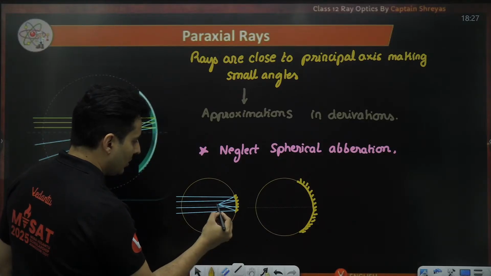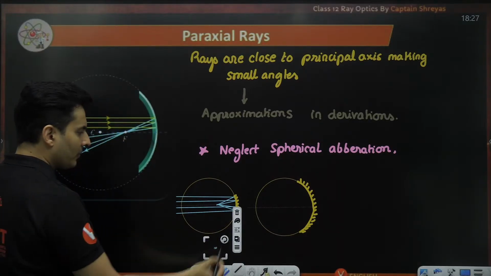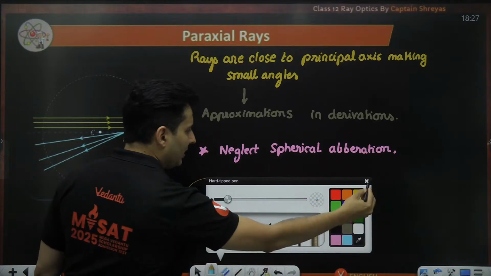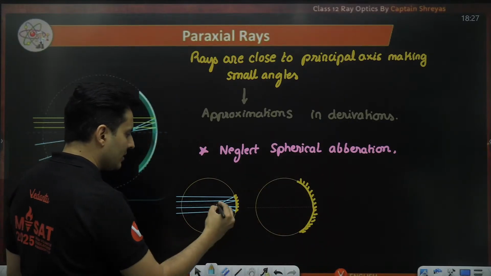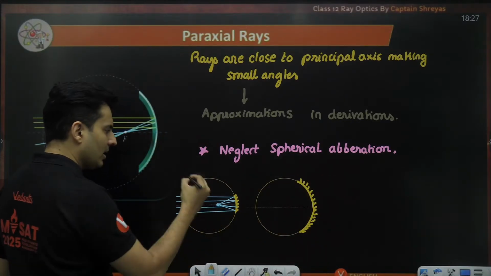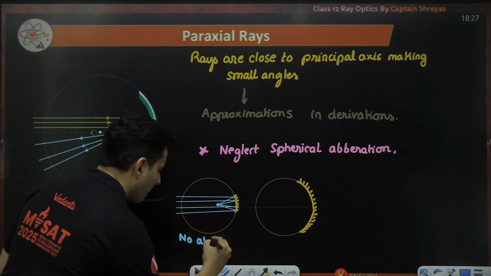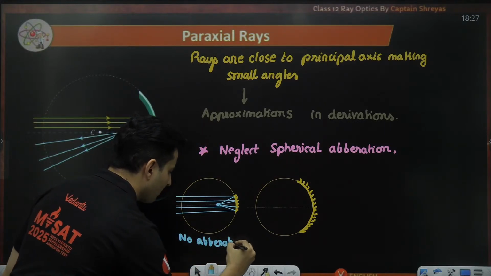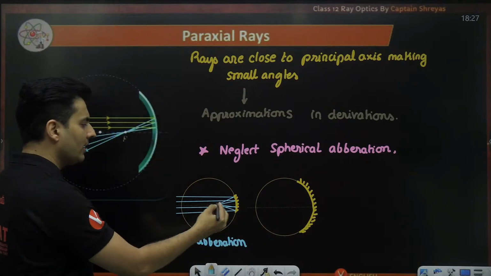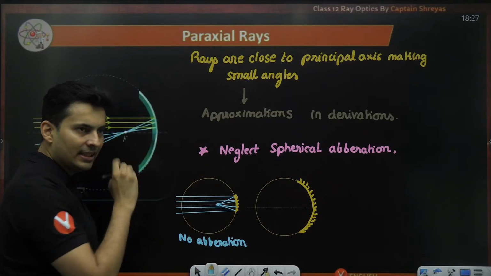And as you can see, they are almost meeting at the same point. Because they are meeting at the same point, focal length is unique. So there is no aberration, or negligible aberration over here. That means all the rays are converging at the same point.